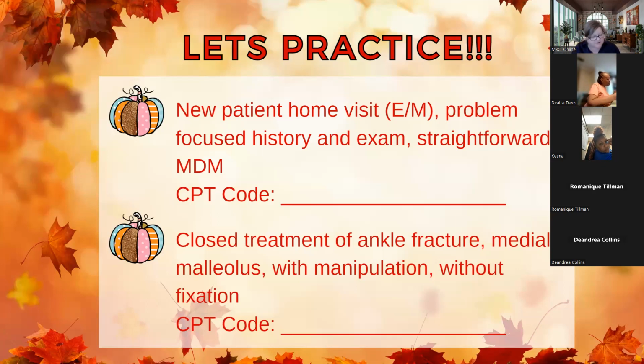All right. So you see where it has fracture, and then it indents down and starts listing all your different places in the body you can have a fracture, right? Ankle is not far down. We have ankle, and then it indents down and gives us 5 different options for ankle fractures: bimalleolar, lateral, medial, posterior, trimalleolar.